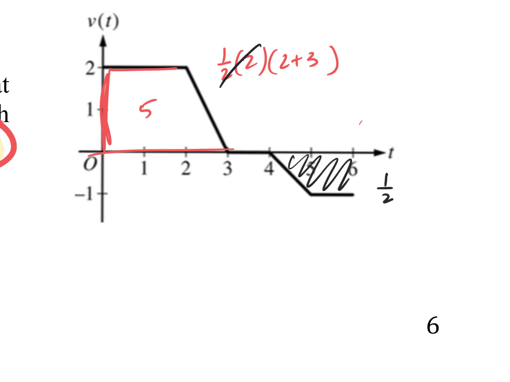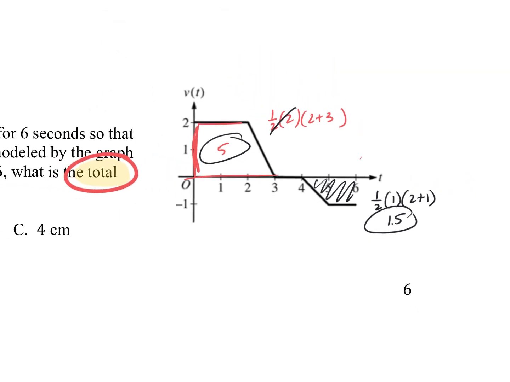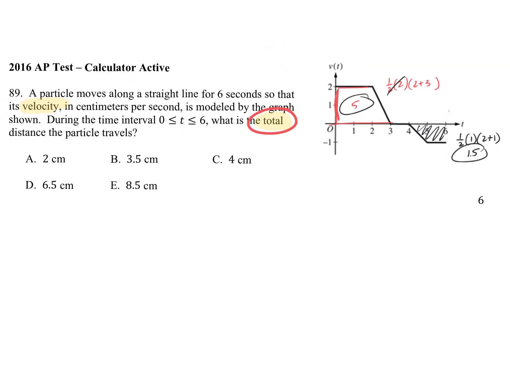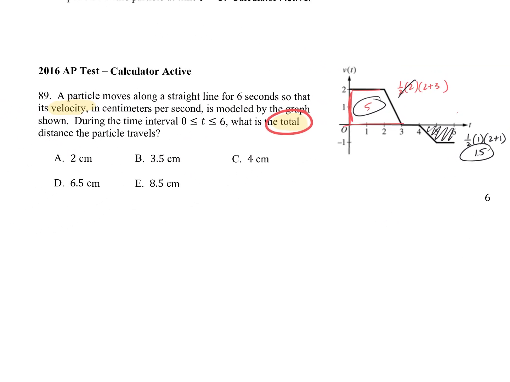Bases are 3. Ooh, bases add together to be 3. Good. What's my height? 1. And then 2 plus 1 are my bases. So 3 halves, same as 1.5. So we got 5 and 1.5. Nelson, are they ready for you to not see that word total and do 5 minus 1.5? Ugh, that's brutal.